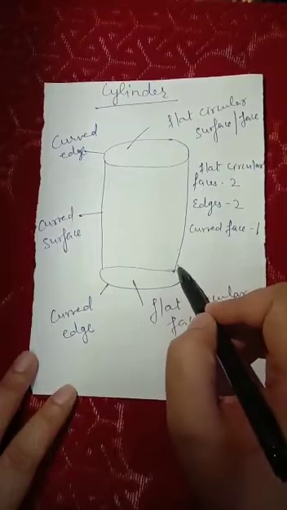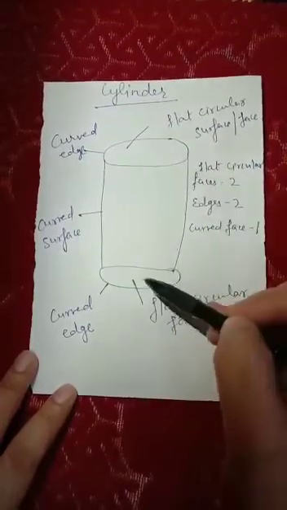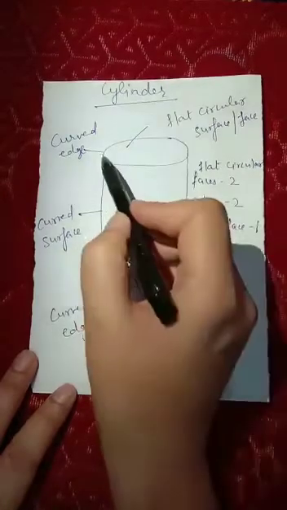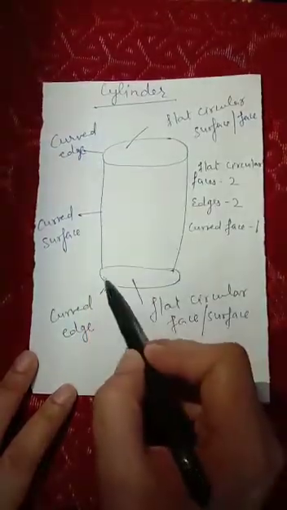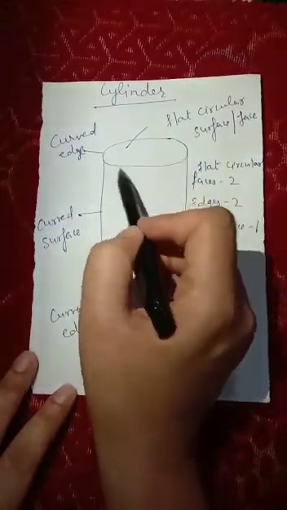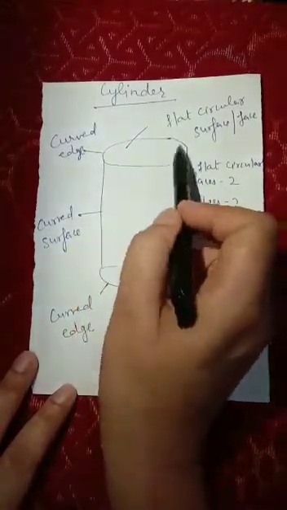Now see what is in my hand. This is a pen stand, and this pen stand is in which shape? Its shape is cylindrical. It is like a cylinder. This is a cylinder. It has 2 flat but circular surfaces or faces, 2 curved edges. Edges means sides, because sides are these edges which we say. Fine.